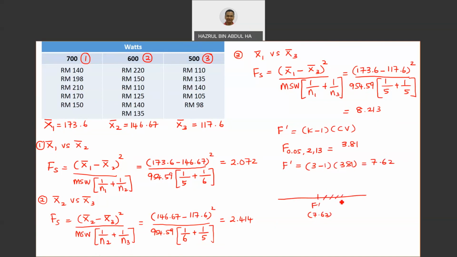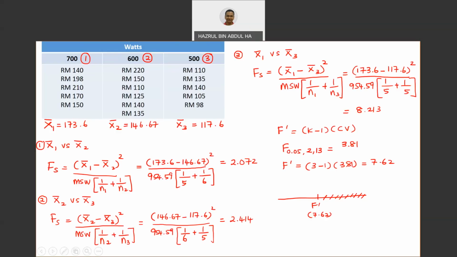Okay, now we compare with F prime, which is 7.62. This is the critical region where you can reject H0. You can reject H0 if the test statistic falls in this region. For the first comparison, 2.072 is somewhere here, meaning that there is no significant difference between the mean for the first group and the mean for the second group.